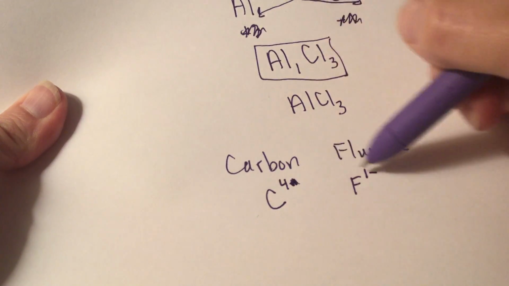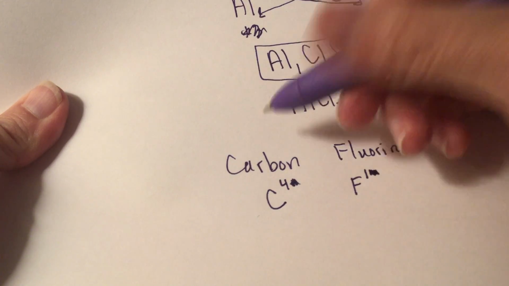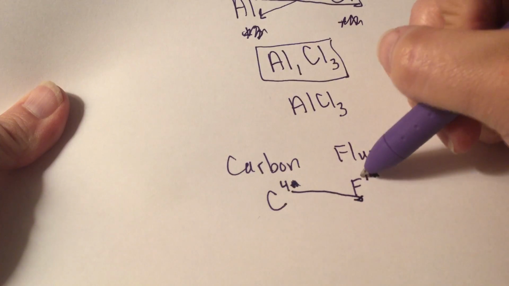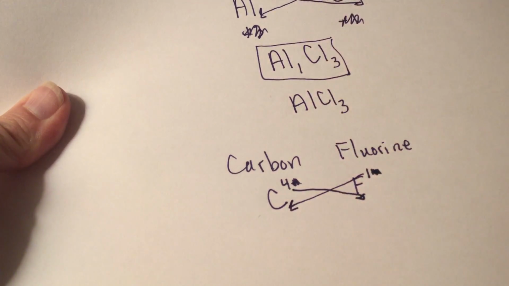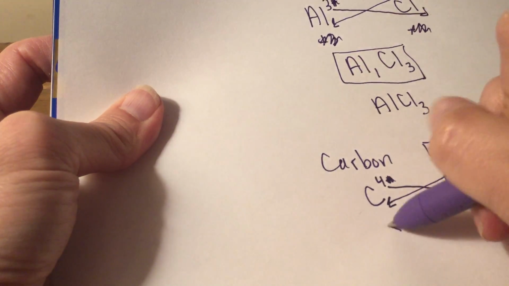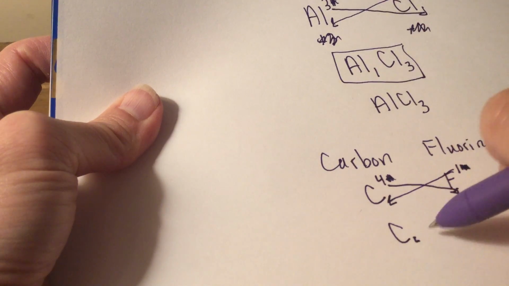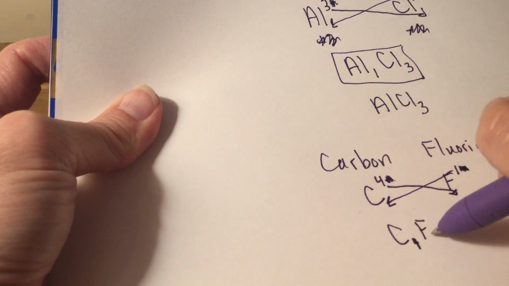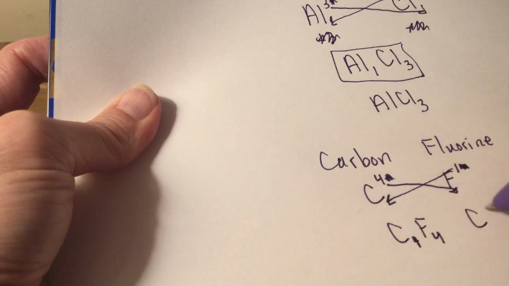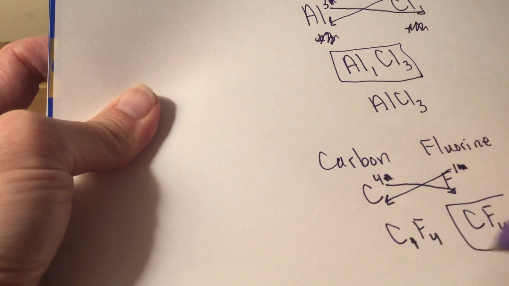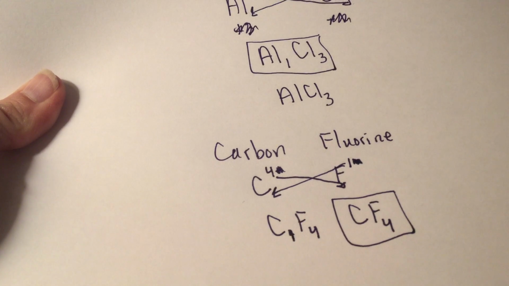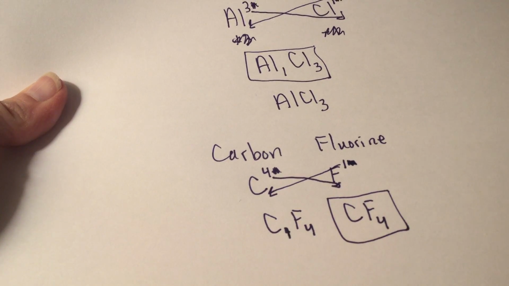I'm going to cross out the charge, the sign. I'm going to take the numbers and switch them and put them as subscripts. C1F4, CF4. Now when I do that, I'm done, totally done.